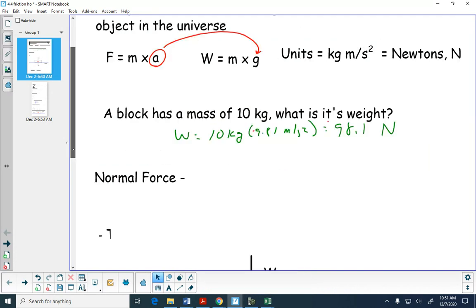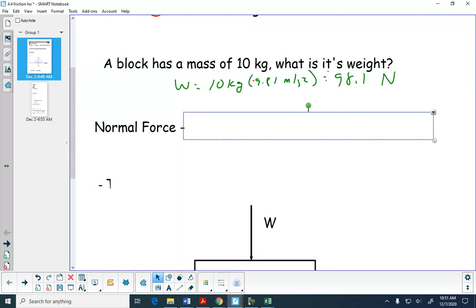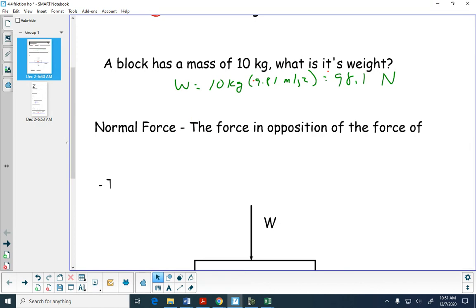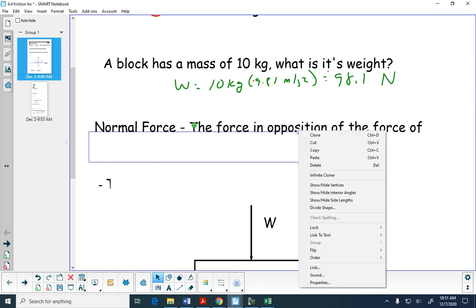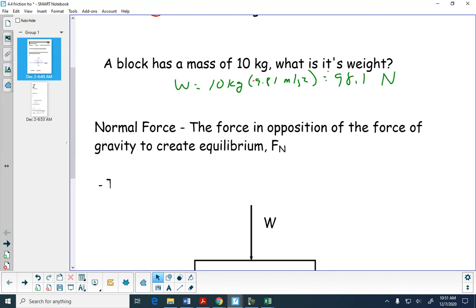We talked about a normal force. It's the force in opposition to the force of gravity to create equilibrium.